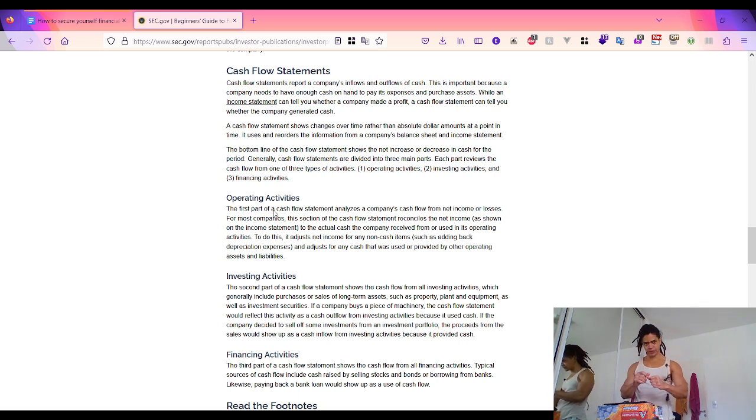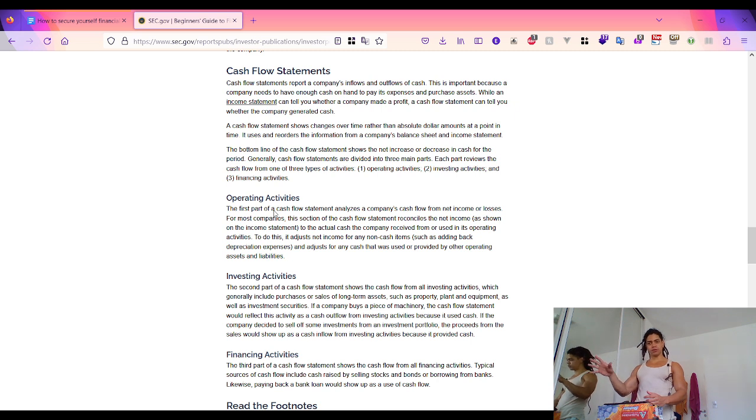To do this, it adjusts the net income for any non-cash items that affect the company's income statement but involve no cash transaction, such as depreciation and amortization.